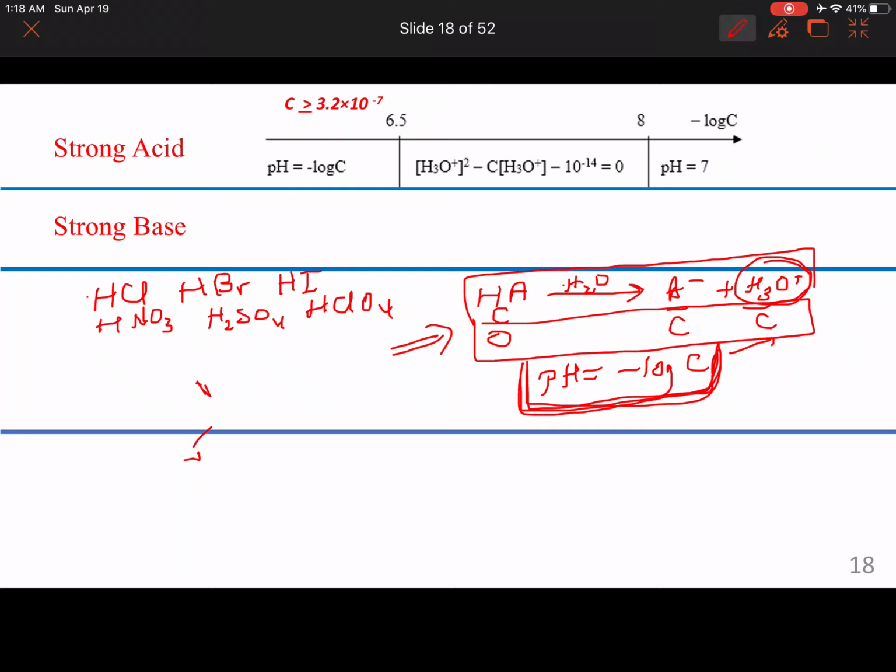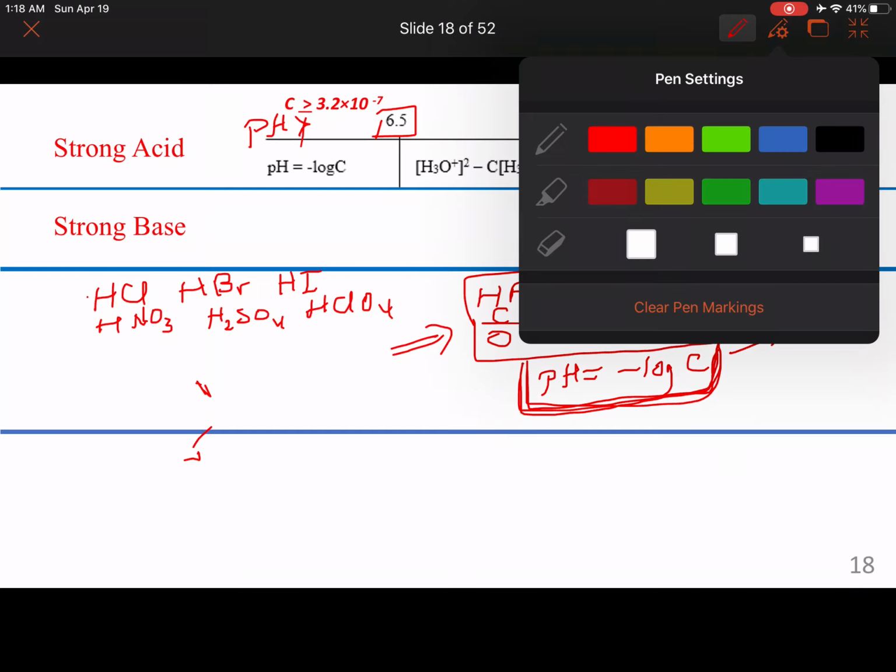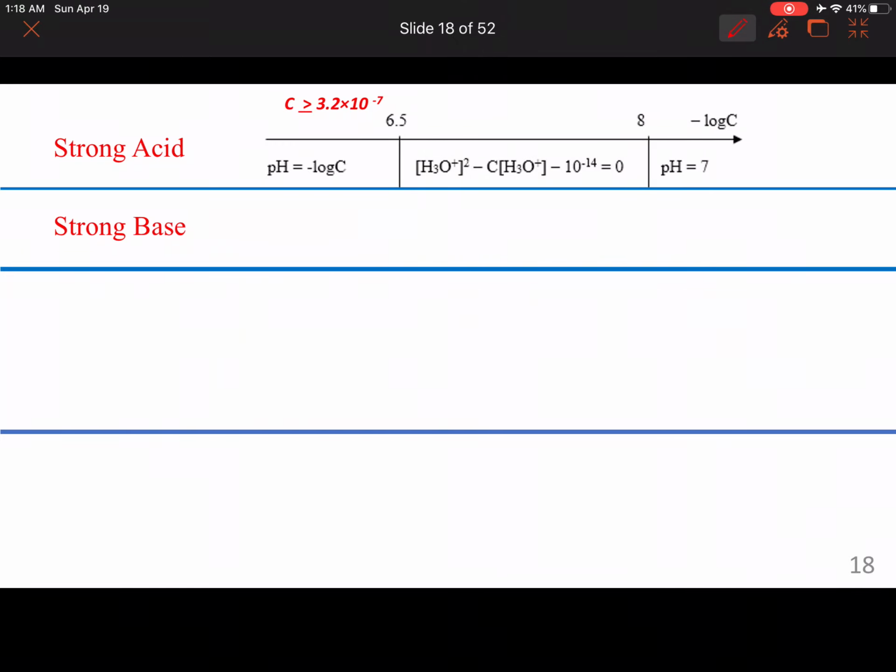And if you take the log of this, when my pH is less than 6.5 or equal to, because the minus log of this is minus log of C, and minus log of C is my pH. So when my pH is less than 6.5, then only HA contributes to the H3O plus in solution. So here in this side, I will only have HA.